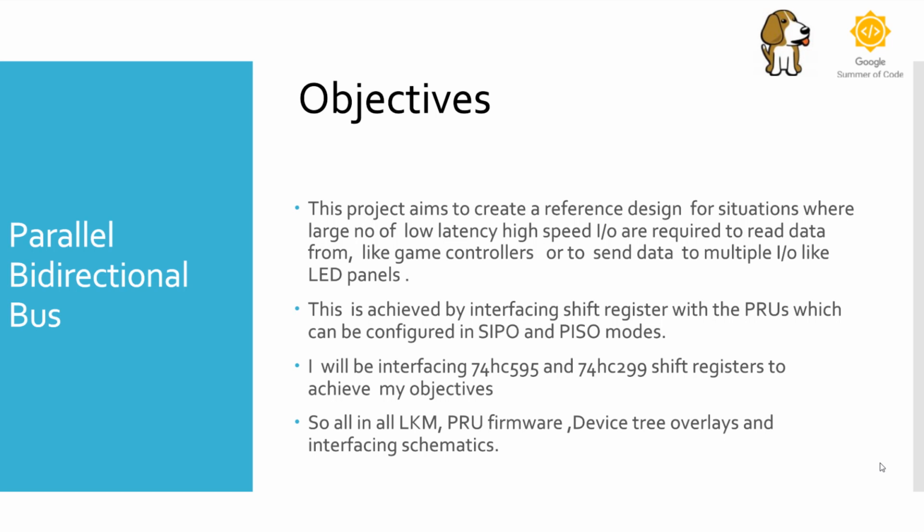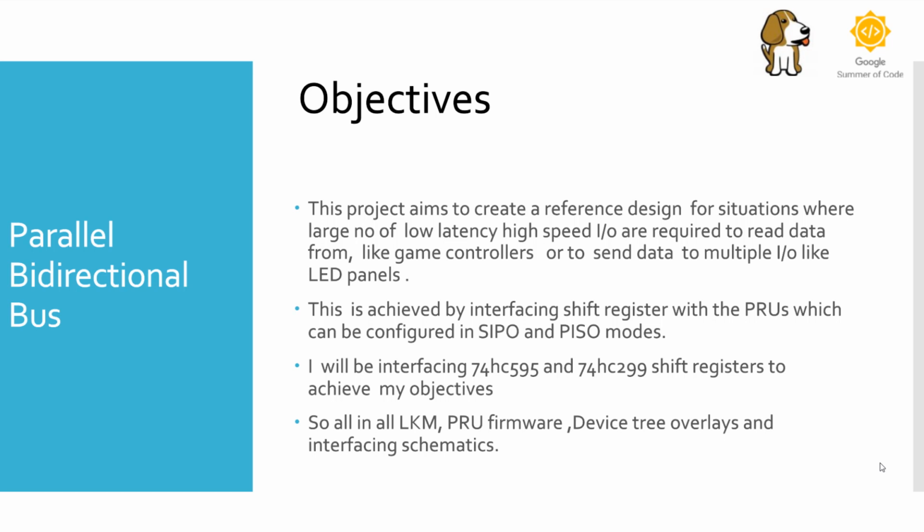So to achieve my objective, I'm going to use shift registers and I'm going to interface them with the PRUs. And this shift register can be configured in serial in parallel out mode or parallel in serial out mode.